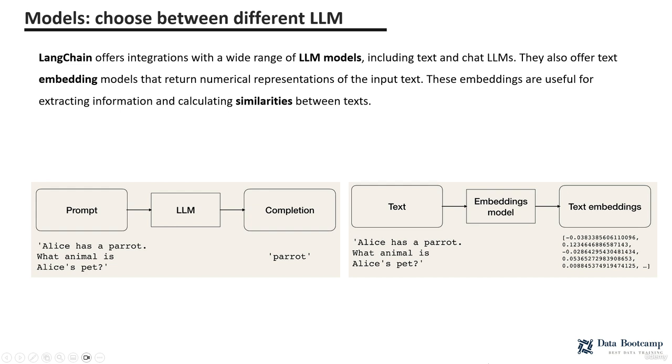Unlike other models, embedding models do not provide a text output. Instead, they offer a numerical representation of the input text. As mentioned before, this representation can be used to assess similarity between different input texts.